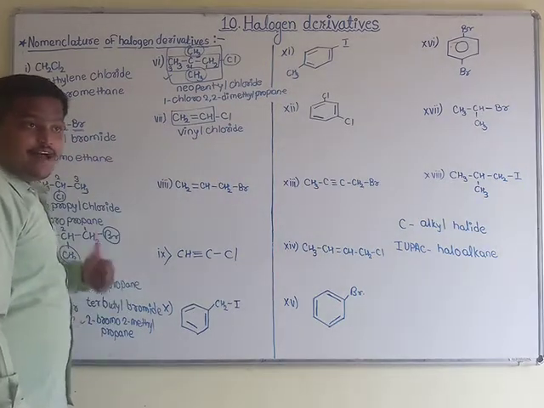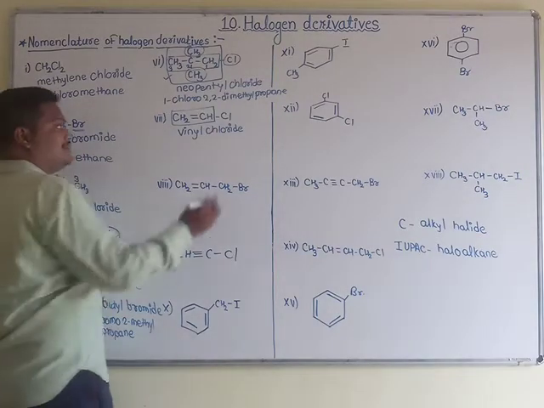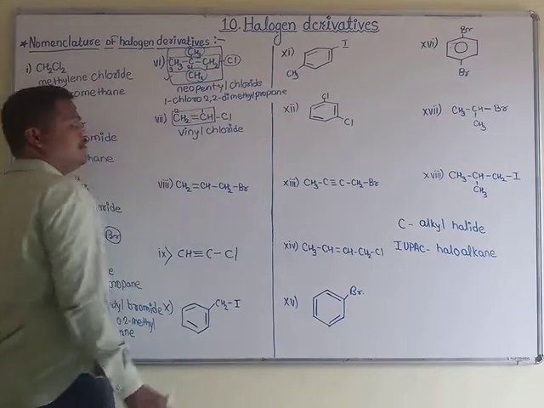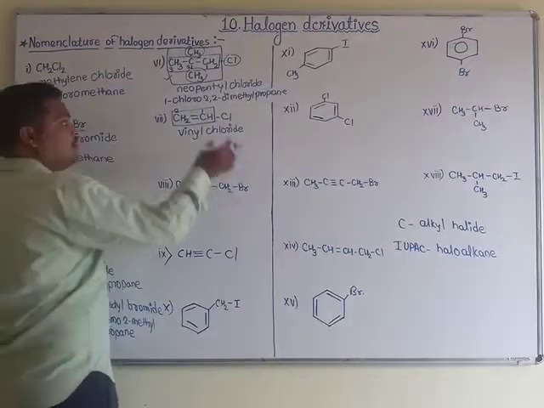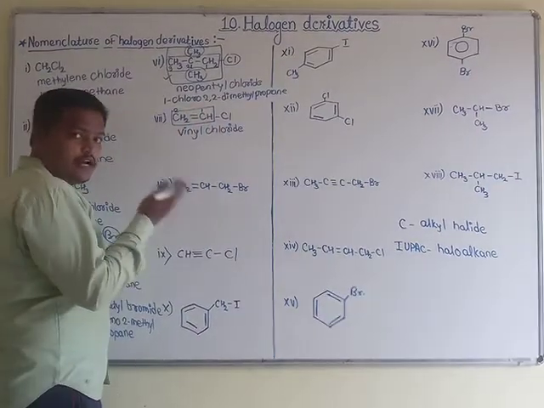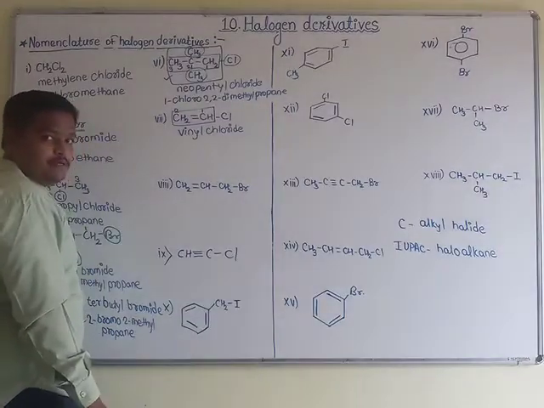What will be its IUPAC name? To give the IUPAC name for this compound, we will mark from right to left, because whenever we number right to left, chlorine gets the lower number.